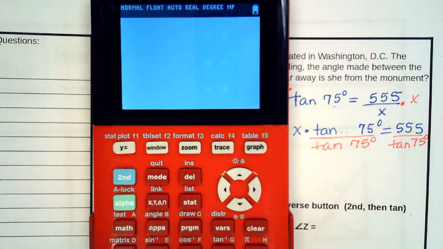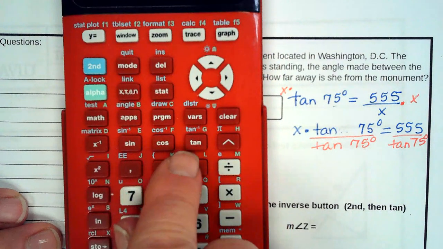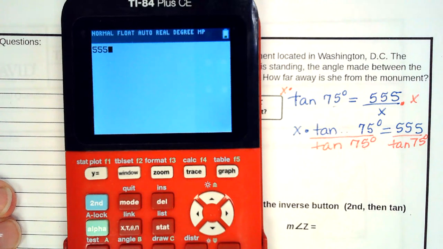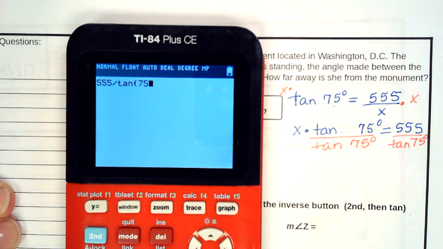Okay, so now where's the tangent button? If you look, here's sine, cosine, and tangent. So I'm going to take 555 divided by, here's my tangent. Now I plug in 75, close it, and I end up with 148.71.